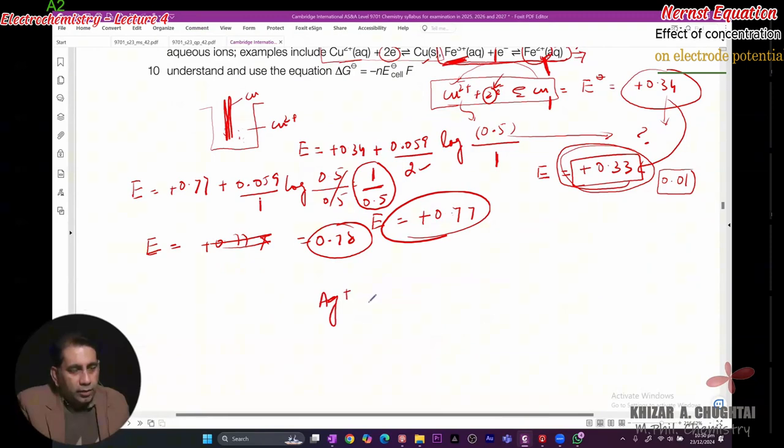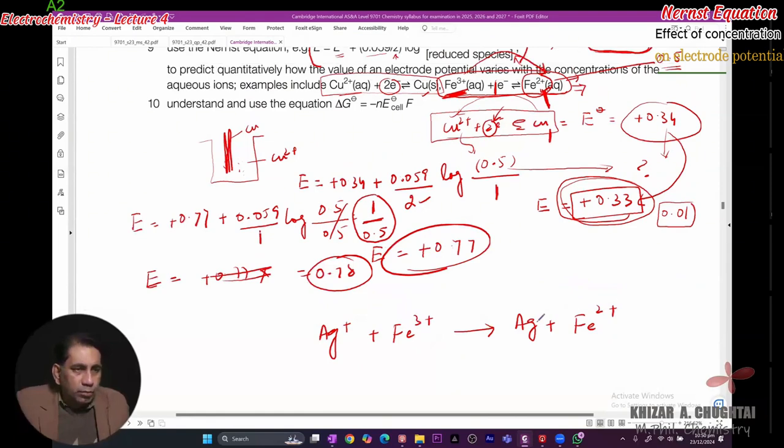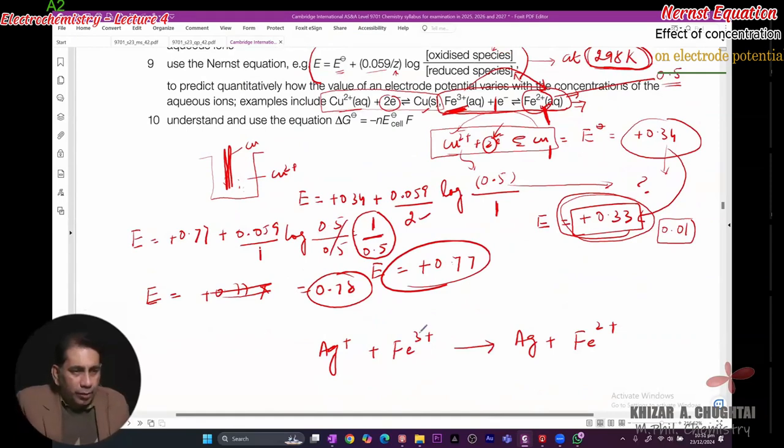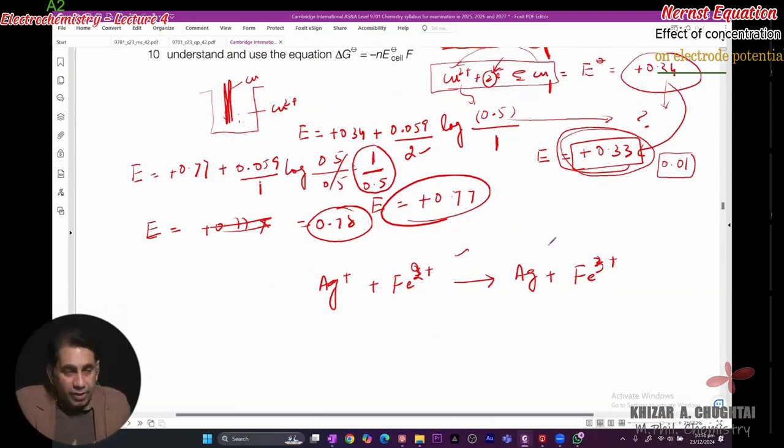Ag positive ion is going to react with Fe2 positive ion to make Ag plus Fe3 positive ion. So I think I will have to multiply it. Which one is having the more answer? Sorry, it will be flipped. I mean, there will be 2 positive and there will be 3 positive. No, this is the correct, balanced equation.